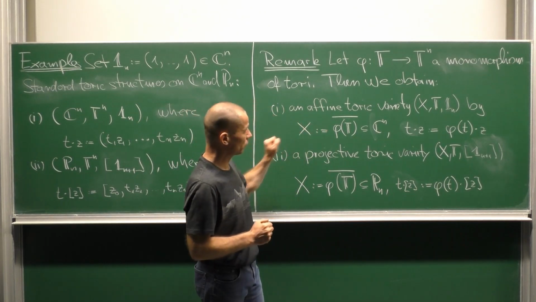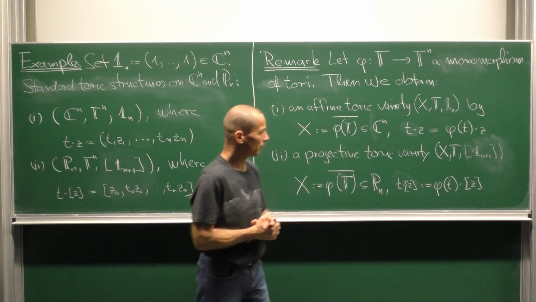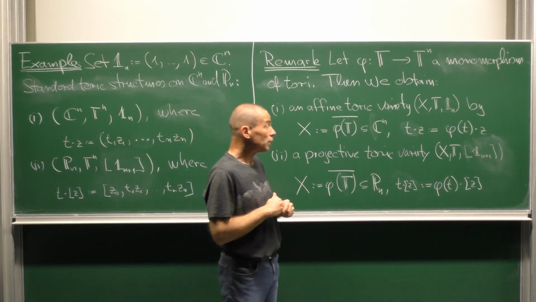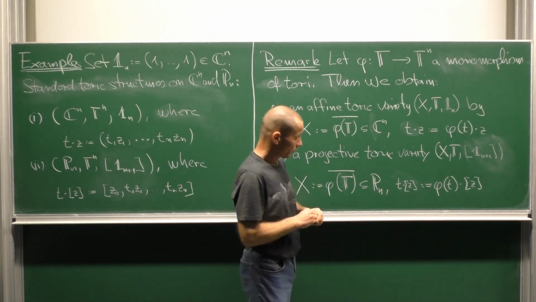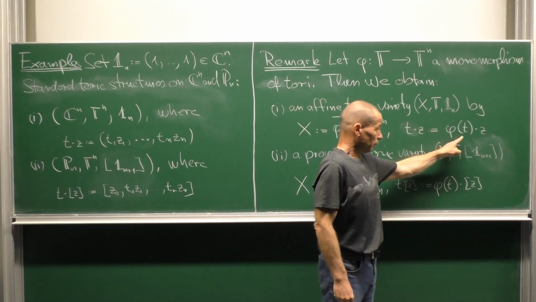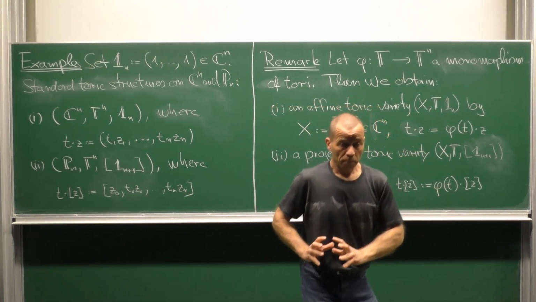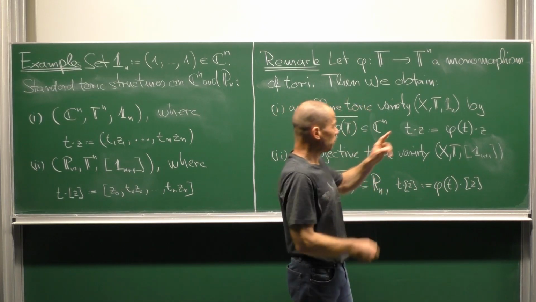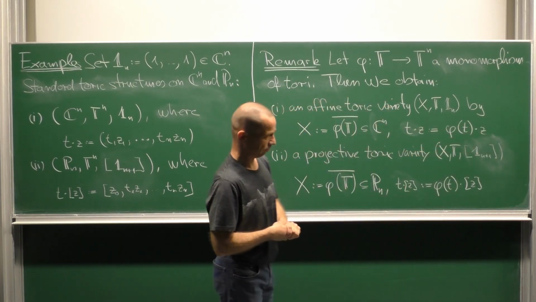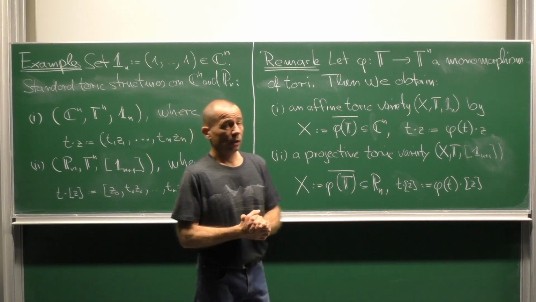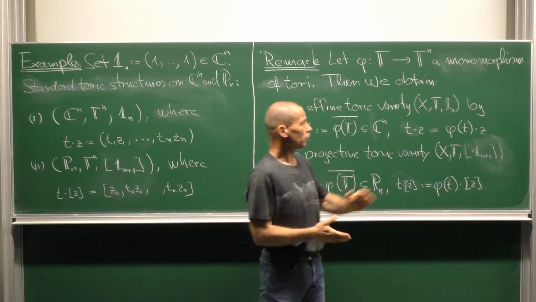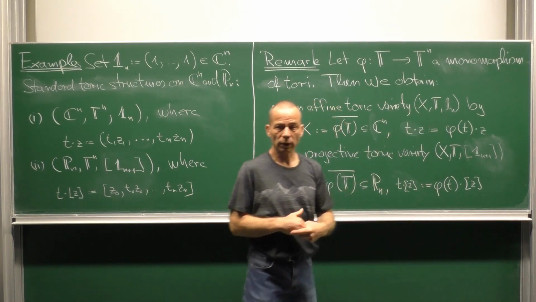This gives us a closed subvariety X of Cn. And now we define an action of T on X. We take our T, shift it into the n-torus, and then apply it to a point of X. The result is an affine toric variety.